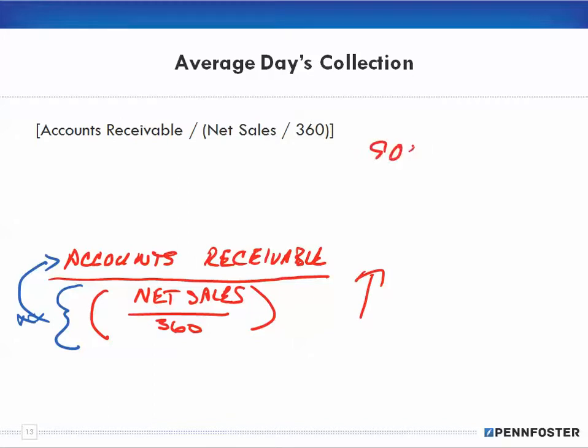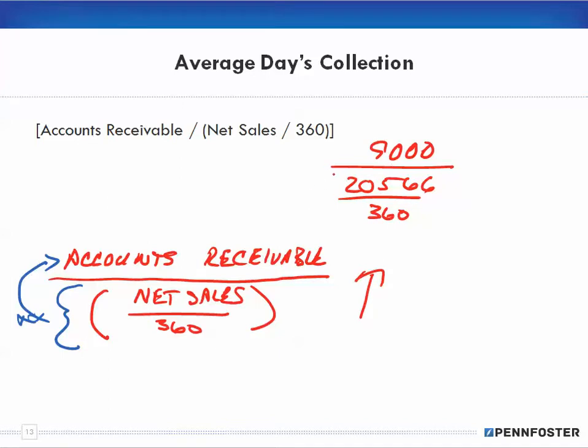They had accounts receivable of 9,000, and net sales of 20,566, divided by 360. Students wouldn't be sure what they're supposed to be dividing. Am I supposed to divide 20,566 into 9,000 and then take that divided by 360? Or do I take the 360, divide it into the 20,000, and then get that answer divided into the 9,000?